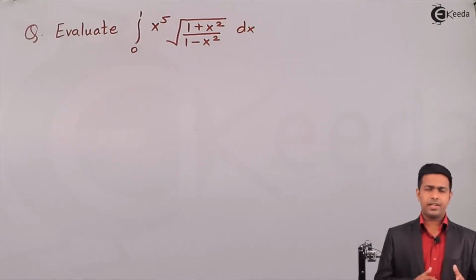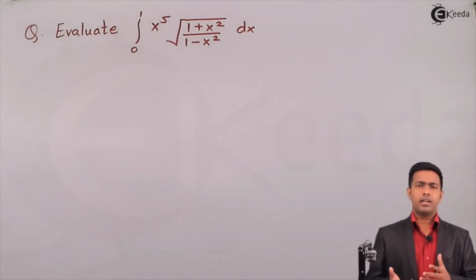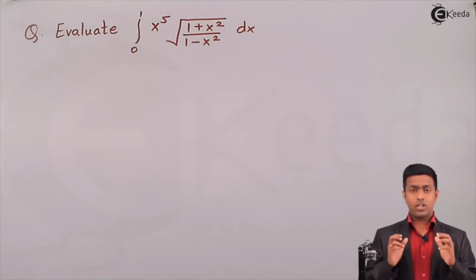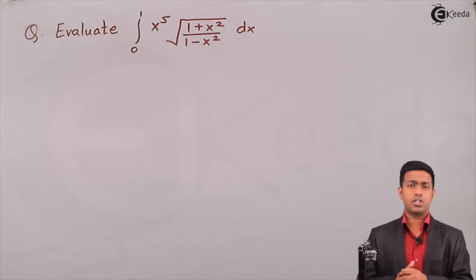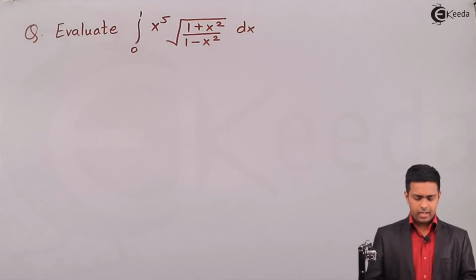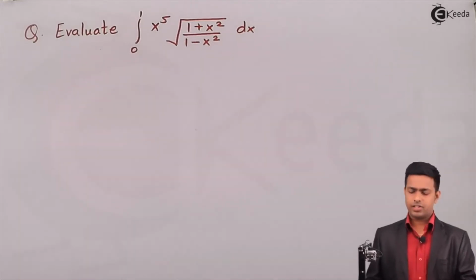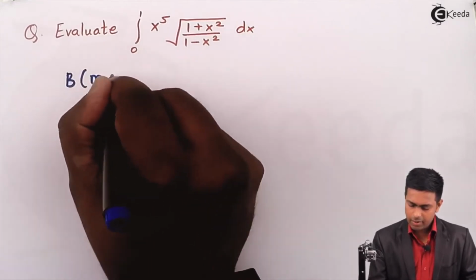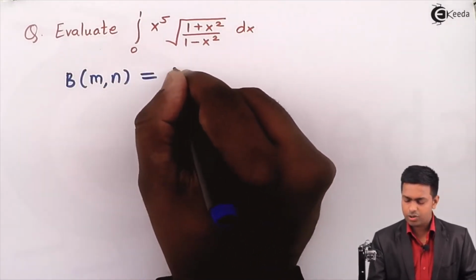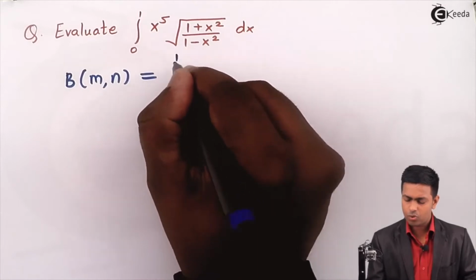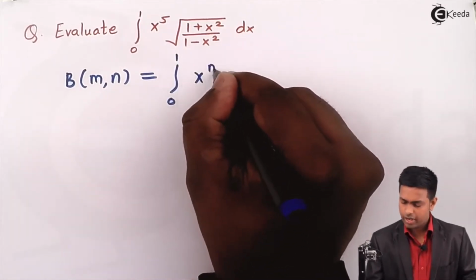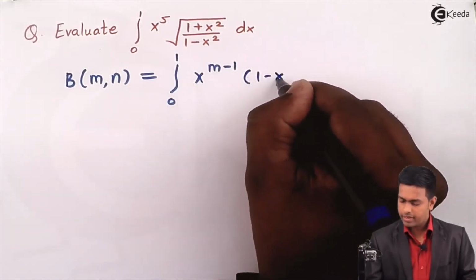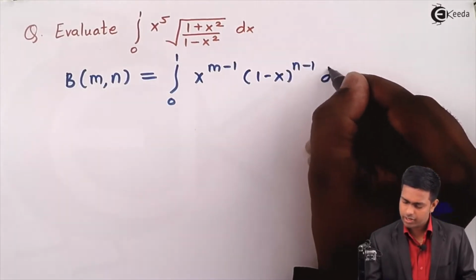Now in the beta we have multiple definitions. The question is which definition we must apply over here. So I'll show you the different definitions. One definition is beta m comma n equals integration from 0 to 1 x raised to m minus 1 times (1 minus x) raised to n minus 1 dx.